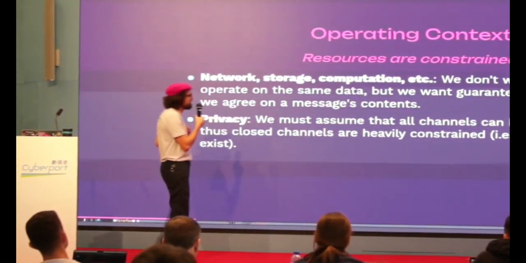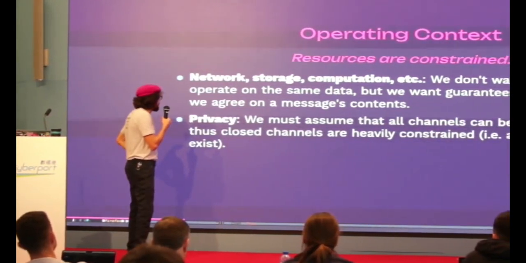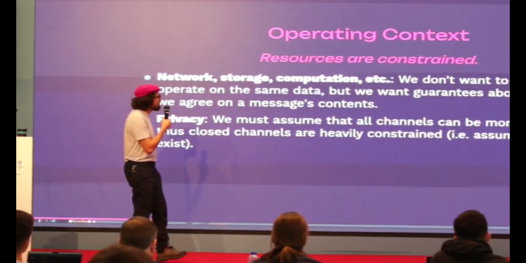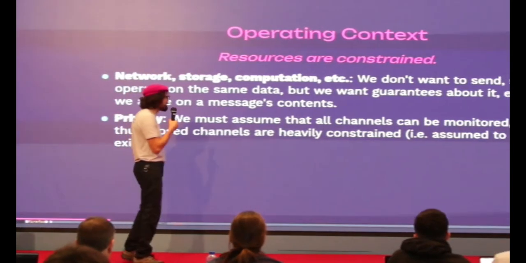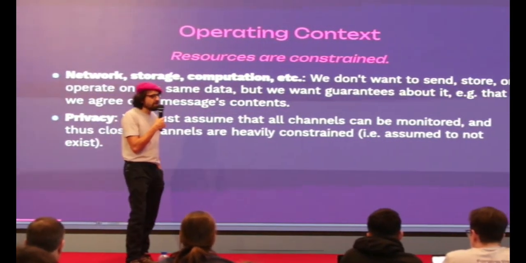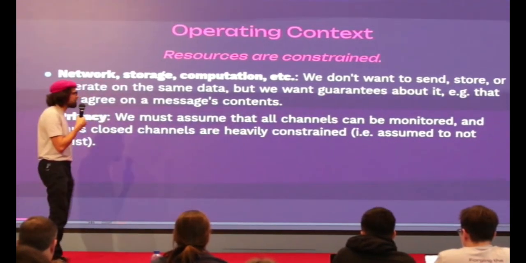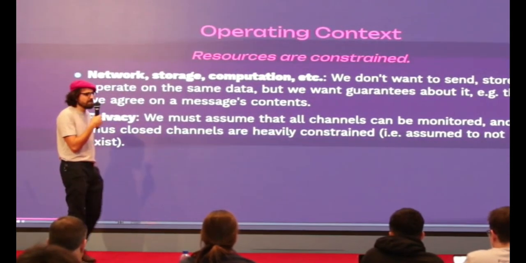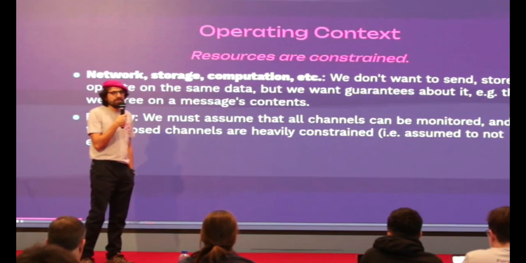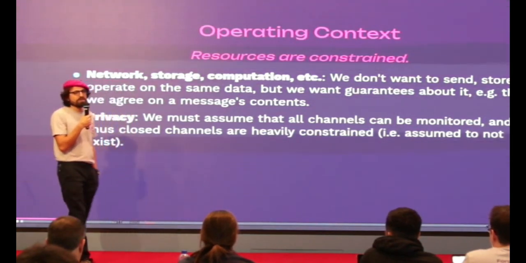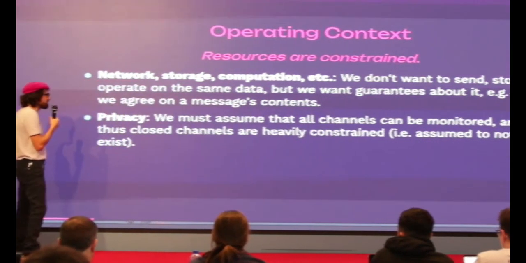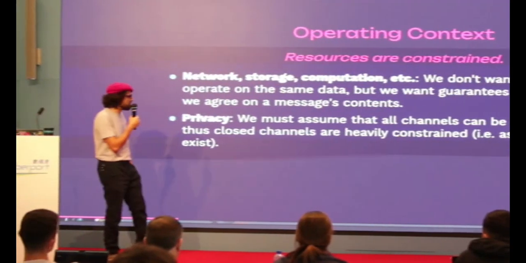But for privacy, we have an even bigger assumption. The assumption is that private channels are very constrained, and in real life, they don't exist. If you don't trust the internet itself, then basically you have to meet each other in person, which in this world is not practical if you ask all the users to do that.